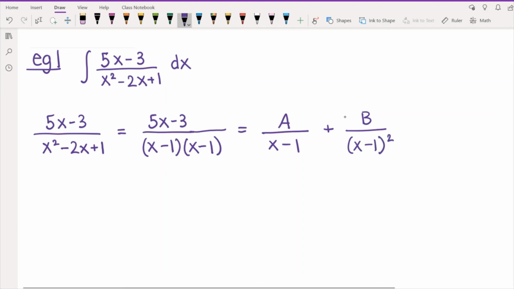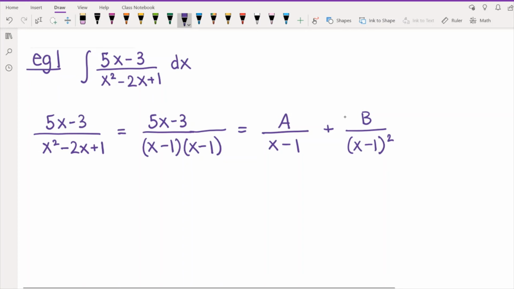Because if you think about it, if you add 2 fractions together and one of them has a denominator of x minus 1 and the other one has a denominator of x minus 1 squared, what's the common denominator you're going to make? Well, it's going to be x minus 1 squared. So this is something that you have to recognize in the future. Anytime you have a repeated factor in your denominator, you need to not only include one version of it, you need to do as many copies as you have.